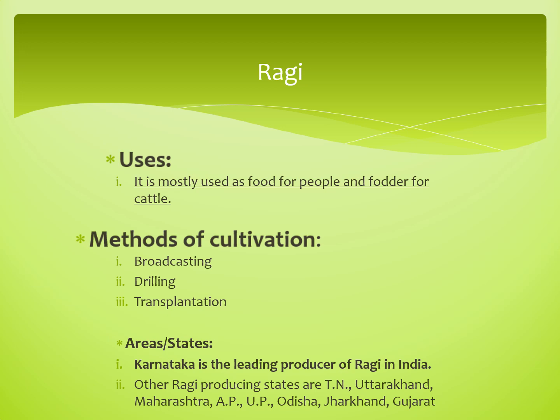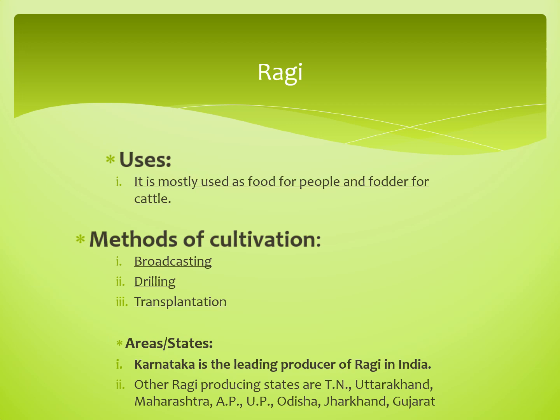Ragi is a kharif crop sown between May and August and harvested between September and January. In many parts of South India, it is cultivated throughout the year with the help of irrigation. The seeds are sown by broadcasting method or with the help of drills and even transplanted on well-prepared friable beds.